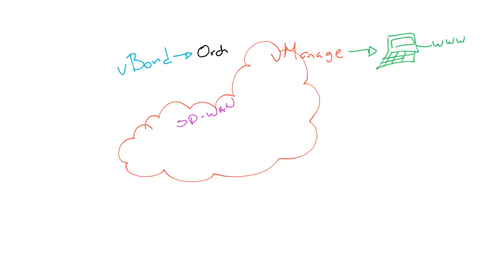Then below our management level, we're going to have the vSmart. This is a cluster of controllers. We're going to have 3 controllers. Those are going to be the brain of our network. These are the guys who deploy all the policies and configuration into the data plane.